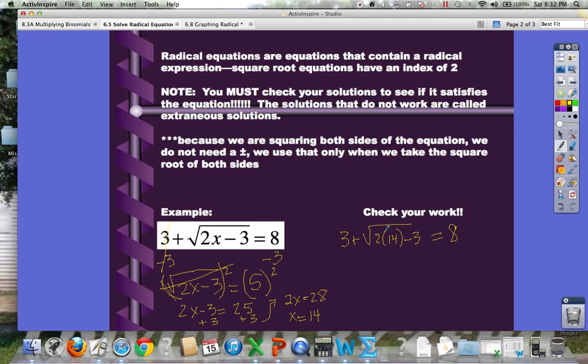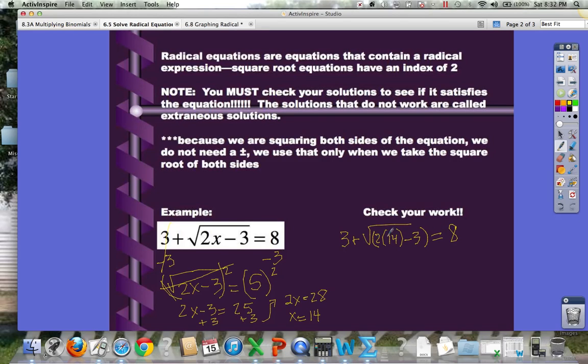Now remember, if you're using a TI-83, it'll give you a parenthesis right here automatically under your radical symbol. You need to close it off. So it's really got one right here. So you have 2 parentheses facing this way and 2 this way, so it won't give you an error.